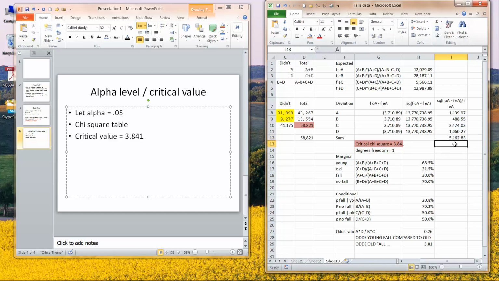And we get 5,162.83, which is our chi-square observed and our calculated.